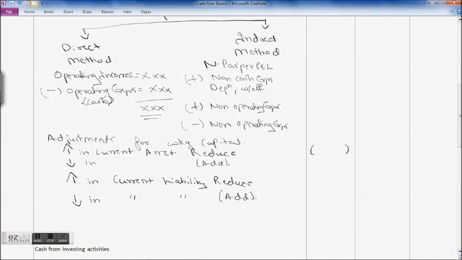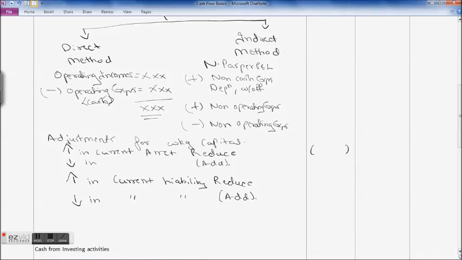Now if you see the logic, an increase in the current assets means an increase in either your debtors, or loans and advances, or prepaid expense. So when there is an increase in your current asset, the cash flow to that extent is accumulated in your current asset. So that much cash inflow is less, that is why you need to reduce it.